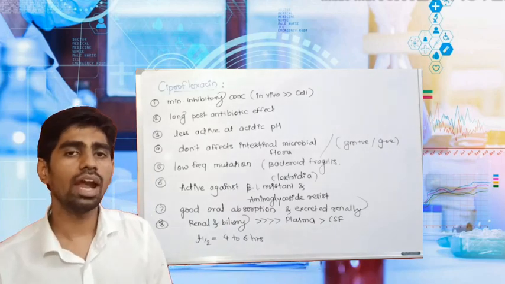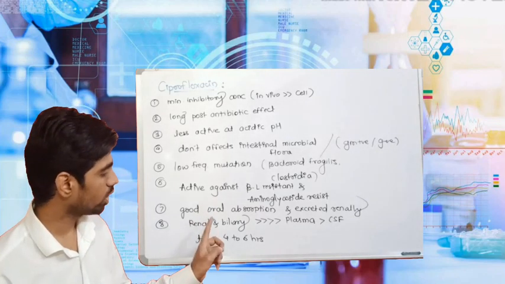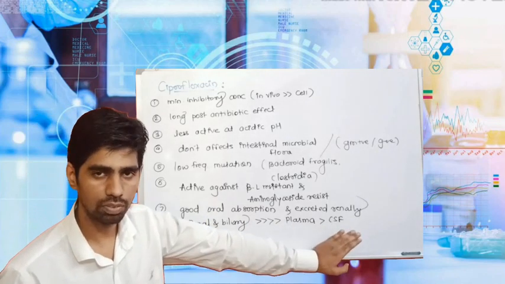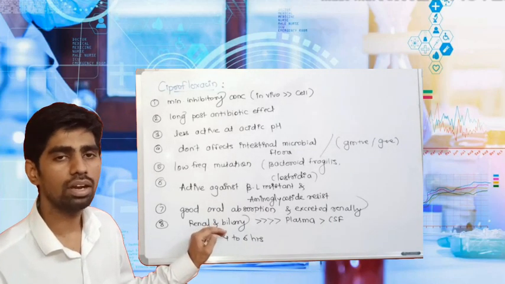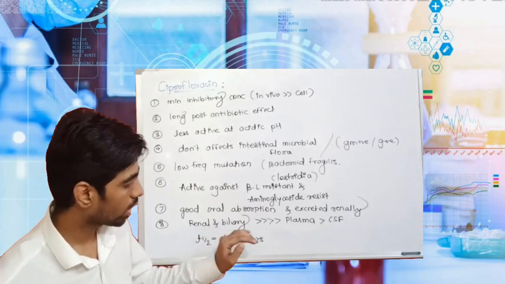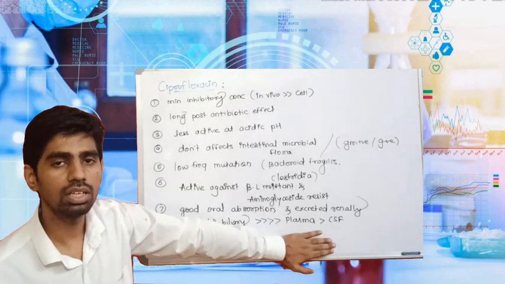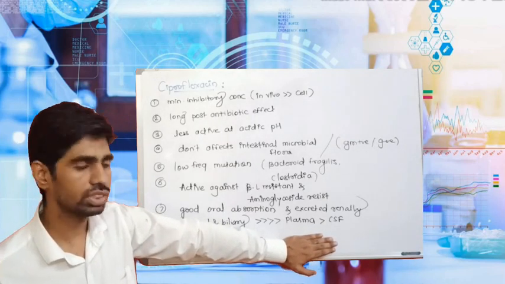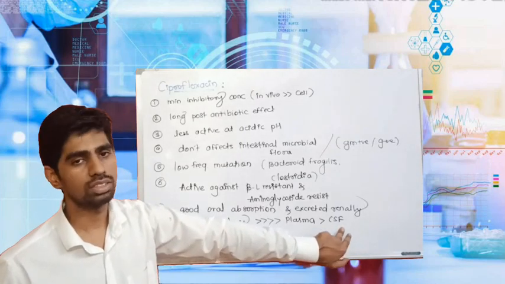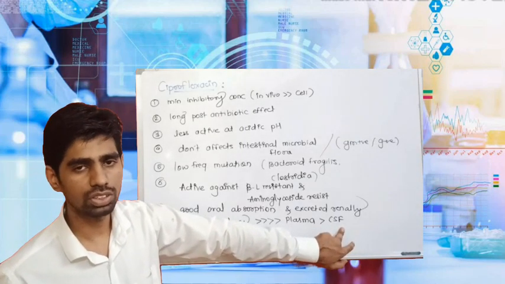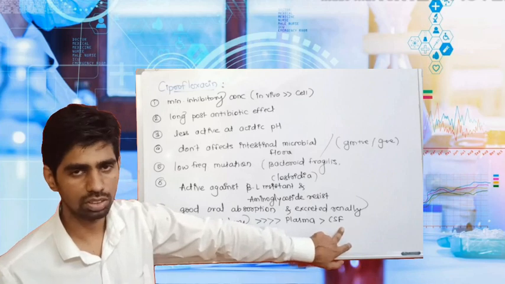So the best antibiotic effect is observed in these systems in this sequence. Means you can use this drug better in the urinary system, followed second by systemic infection or the GIT, and lastly you can consider the central infections or infections associated with the nervous system. Okay.